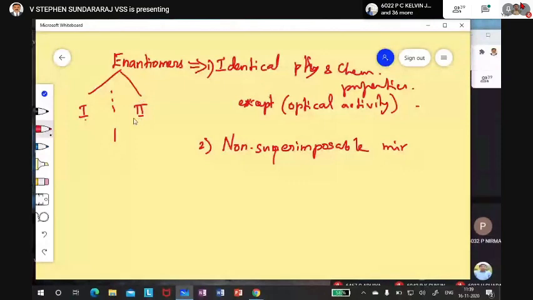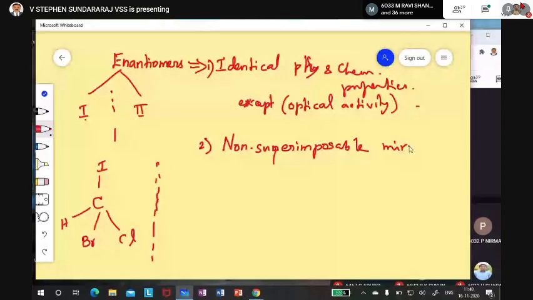They are mirror images. Like I have a carbon and one hydrogen, here one bromine, here one chlorine, here one iodine. Okay, now what is this enantiomer? If I give this, anybody can draw it by putting a mirror. It's a shortcut. They are non-superimposable mirror images as per the 3-dimensional structure, shortcut method.